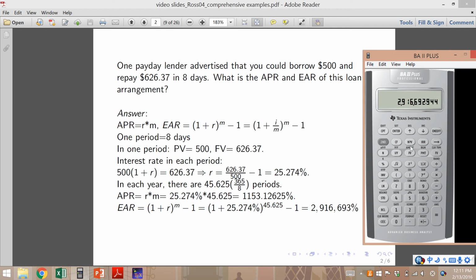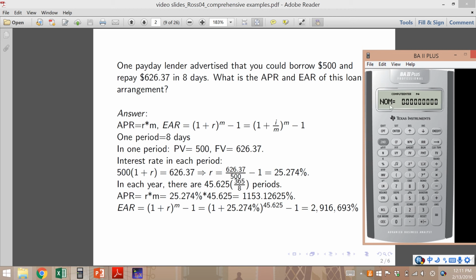The second method is to use the I conversion. So I'll go second 2. If you look at the number 2 on top of it, it's ICONV. That stands for interest rate conversion. That's what we're going to use. To trigger this, we're going to go second and 2.